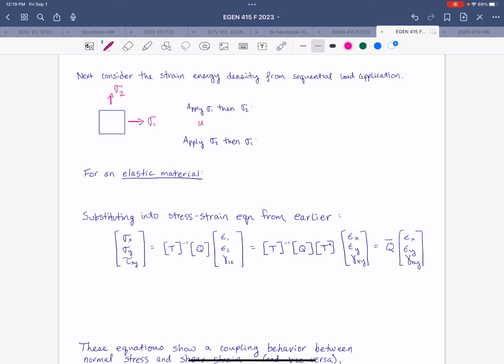The strain energy density would then be equal to 1/2 sigma 1 times normal strain in the 1 plus 1/2 sigma 2 times strain in the 2 minus sigma 1 times Poisson ratio subscript 2(1) times sigma 2 over Young's modulus in the 2.